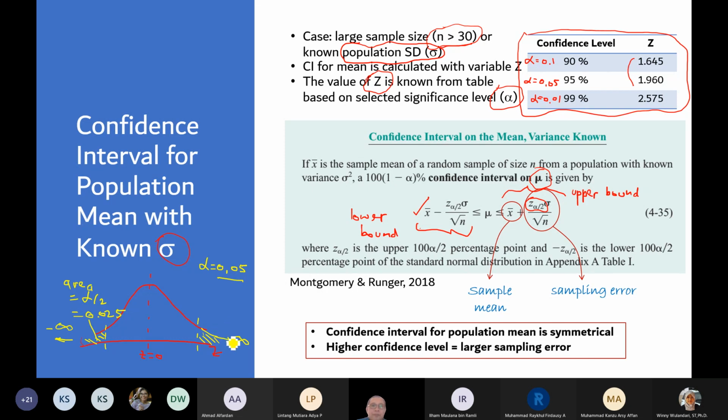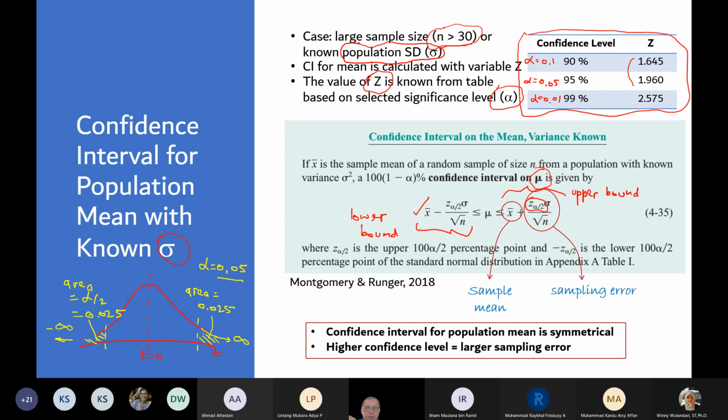Likewise, the area here is also 0.025. The reason we need two areas is because we have to calculate the lower bound and the upper bound of the CI.